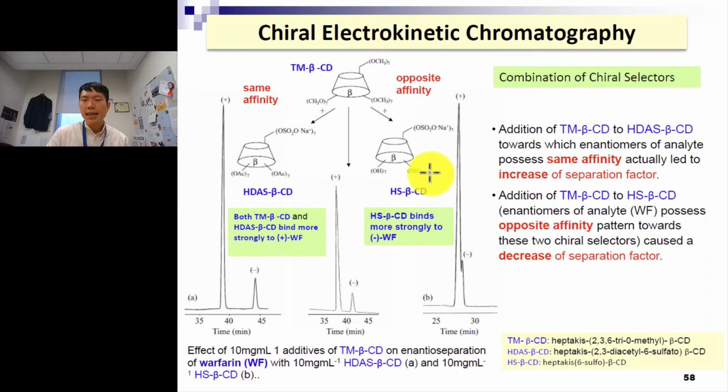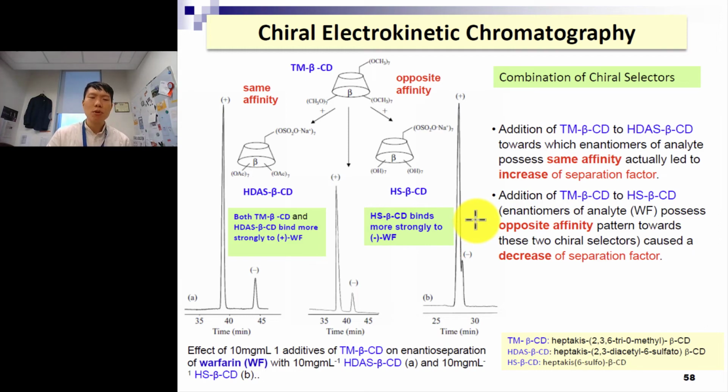However, if you add another form of cyclodextrin here, the HS beta CD, it has the opposite affinity effect for this substrate. We have warfarin, a blood thinning agent, WF. Then the resolution decreases because it enhances the overlap. It will bind more strongly to negative warfarin and therefore doesn't allow it to separate.